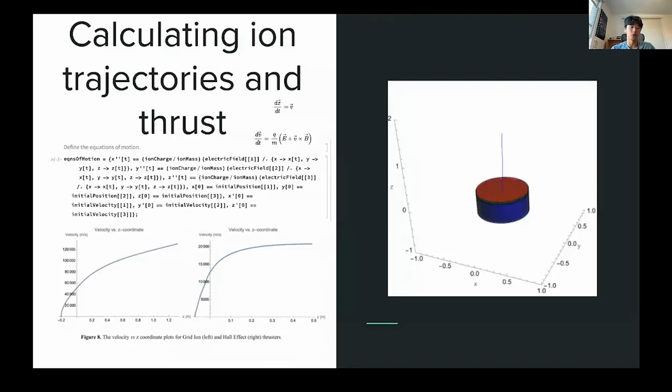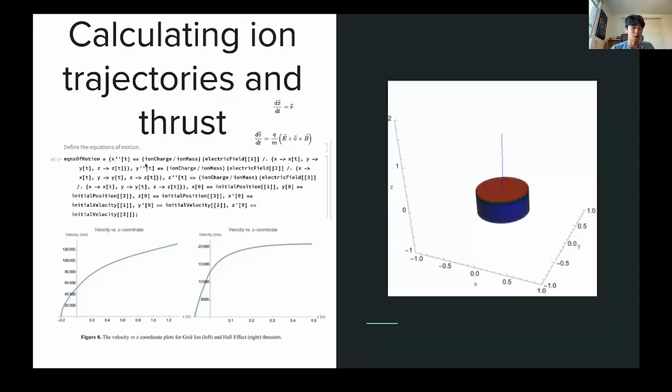In order to calculate the trajectory, I used forward Euler integration, which I now realize is not ideal. Now in university I've learned different methods that would have been smarter to use, which I'll talk about.